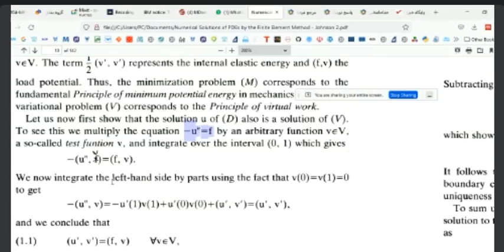Let us integrate the left-hand side of this equation by the integration by parts technique.